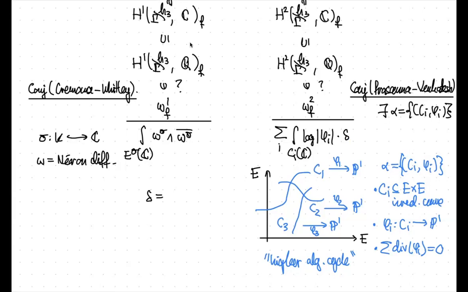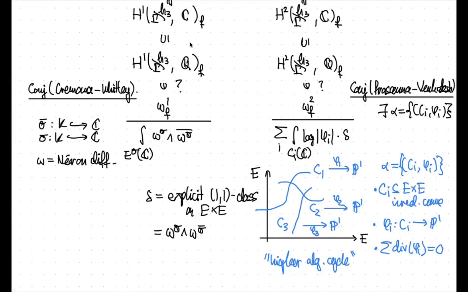So delta is an explicit 1-1 class on E times E. I'll write it down for you. The way you could get one of these is to take omega sigma wedge omega sigma bar. There's another embedding of K into C, which is the complex conjugate.